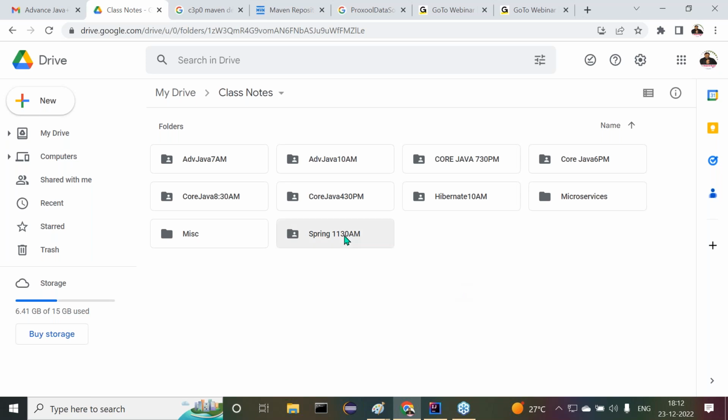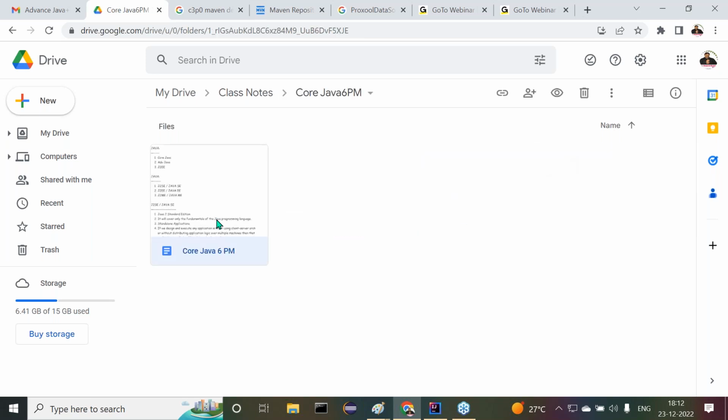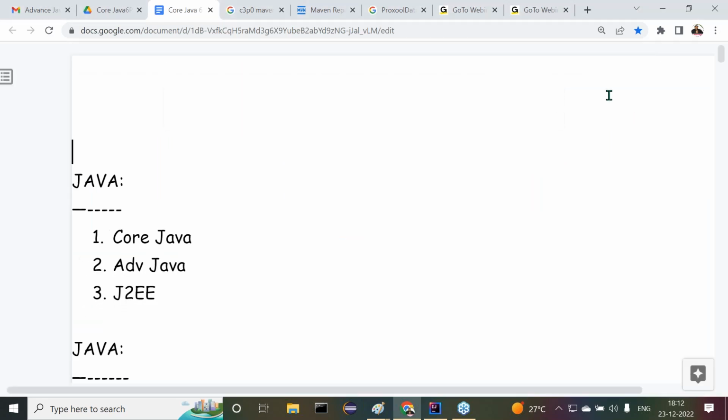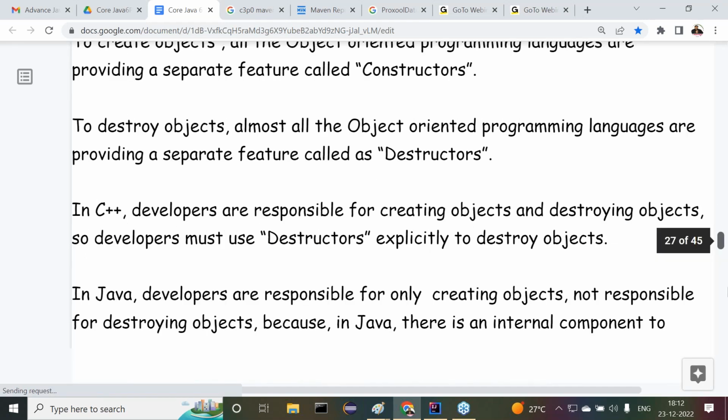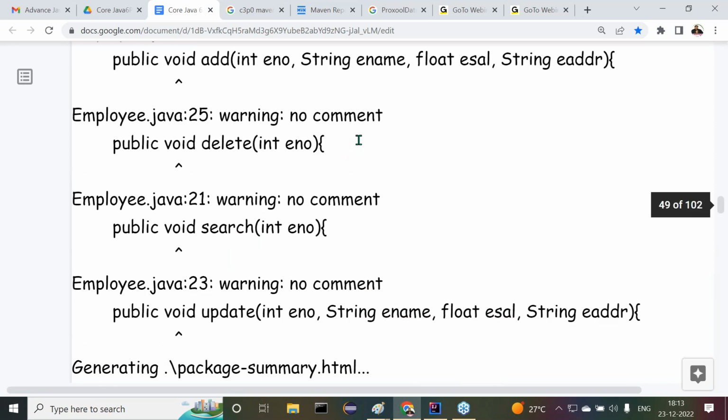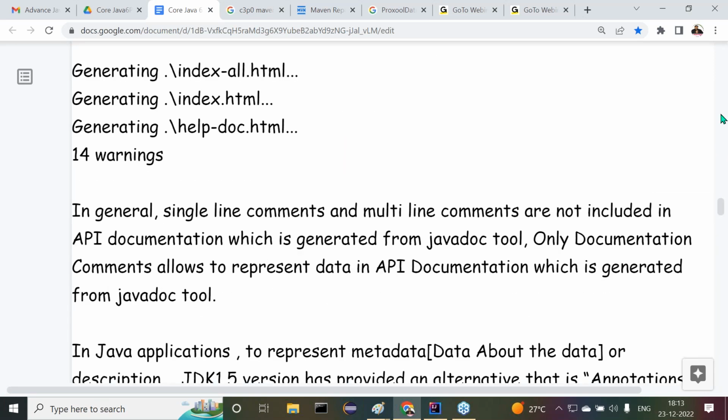So if we observe the last class content, we were discussing arithmetic operators, and in the last class we have seen the operators list, almost all the operators content.